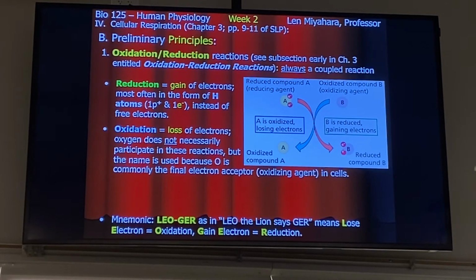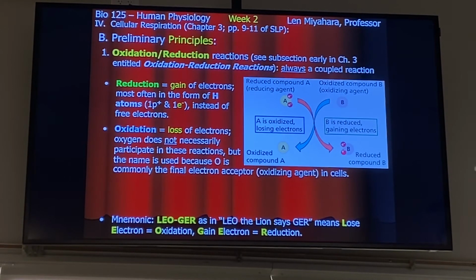Now, some of these terms might be confusing. You've got to find a way of making it make sense so you don't mix it up. If you gain electrons, that molecule that gains electrons is reduced. If you lose the electron, that molecule is oxidized, and they always happen together. There's never one without the other.